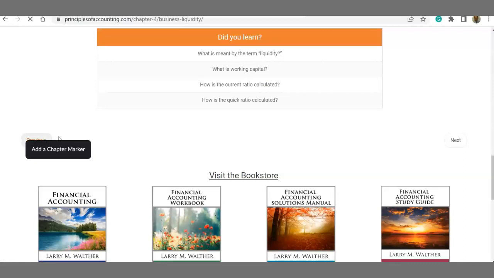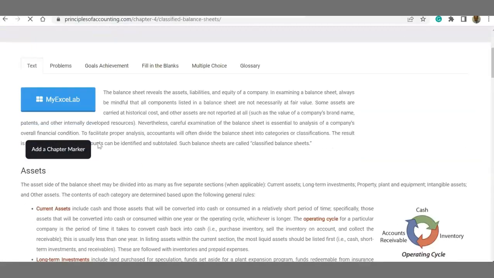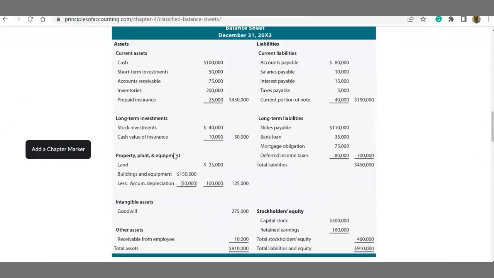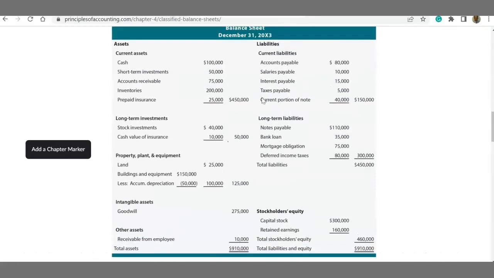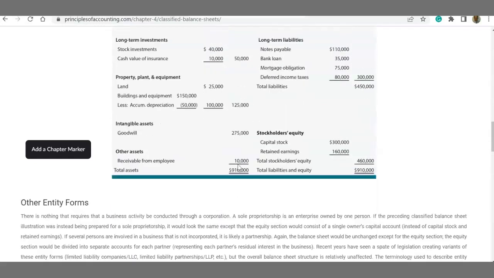Yeah, let me show you the classified balance sheet again. It's here, you see. Those are current assets, which you use for liquidity. And then for solvency, you're going to use total asset. So there are two numbers here that are very important for you: current asset for liquidity calculation and total asset for solvency calculation.